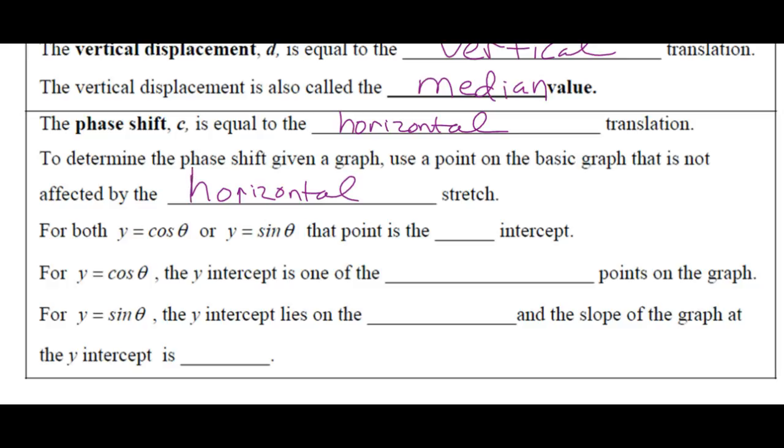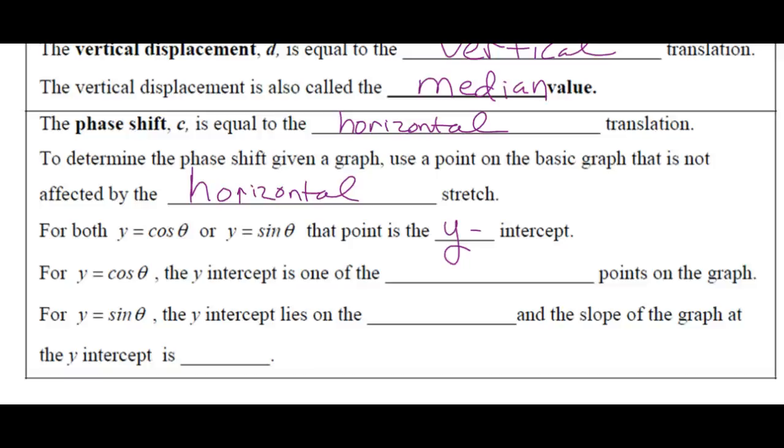It doesn't work for the cosine. Cosine doesn't go through 0, 0. So what kind of point? The y-intercept, right? Because the y-axis is the line of stretch. So if we want to determine the phase shift, we don't stretch about the y-axis.